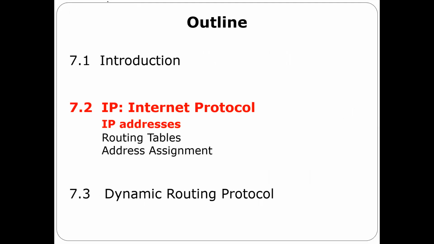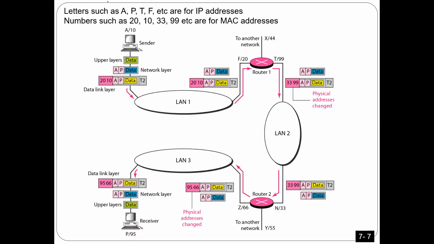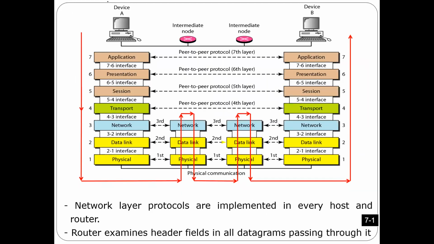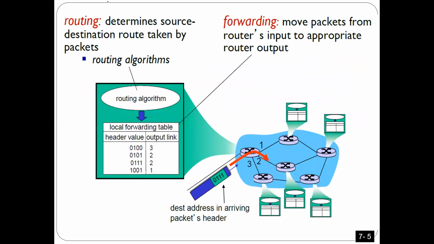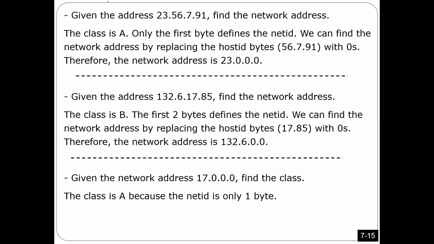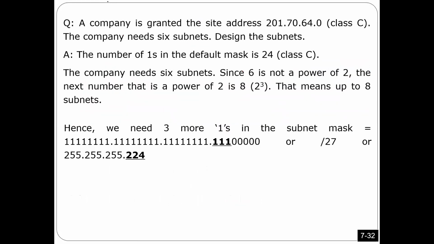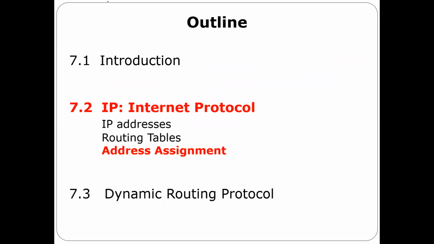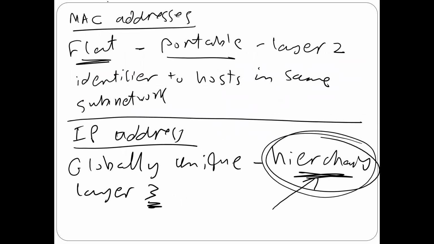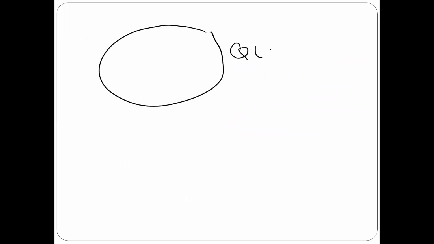So subnetwork, as I told you last time, is, for example here, if this is one network, like Qatar University network, inside this network we have what we call subnetworks.